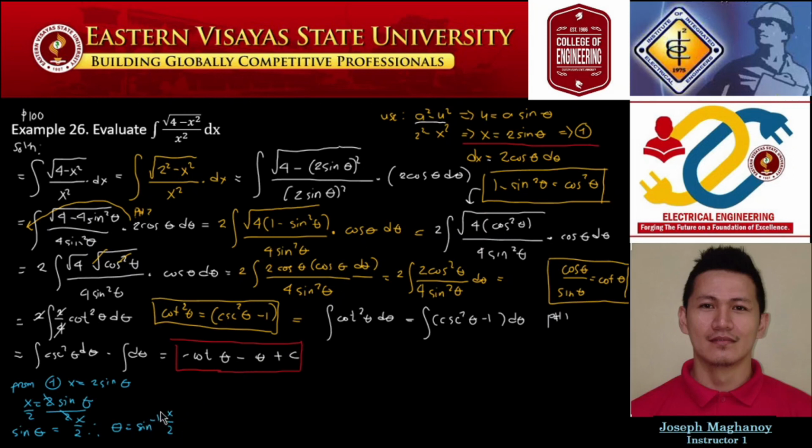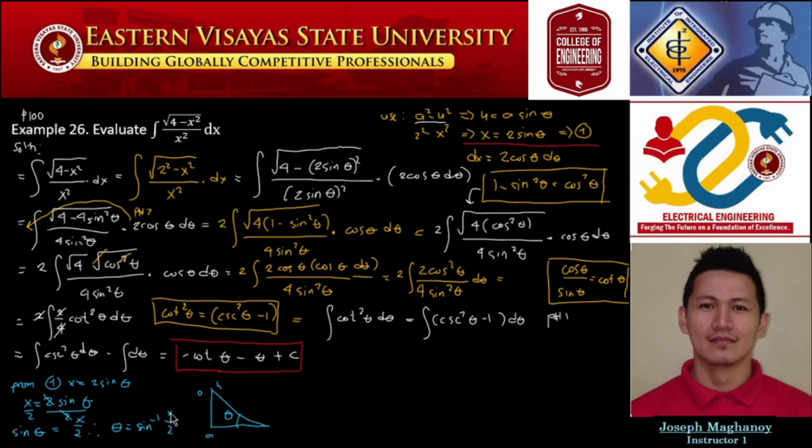Okay, if you recall our formula in trigonometry, if we're going to draw a right triangle, so this is our theta. So this is our opposite, this is our hypotenuse and adjacent. Sine is opposite over the hypotenuse.